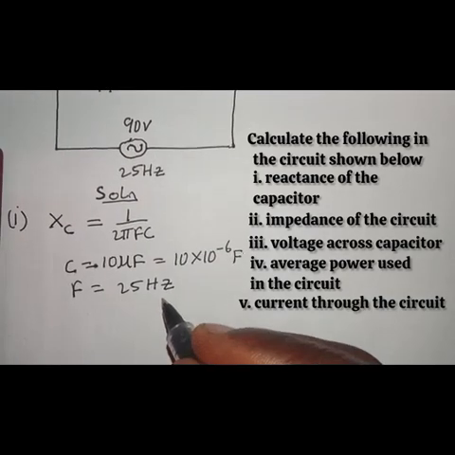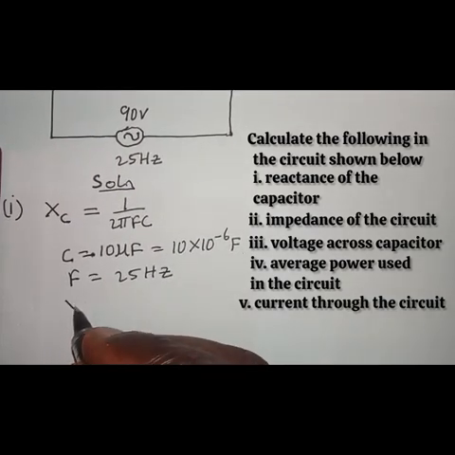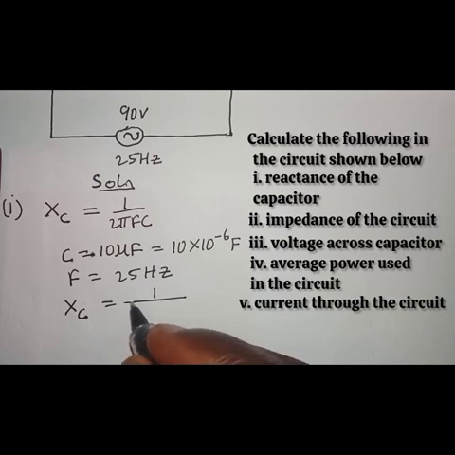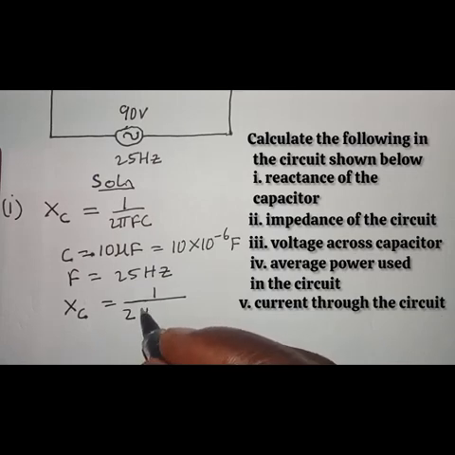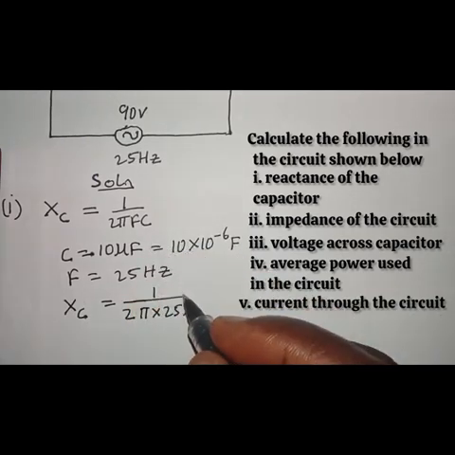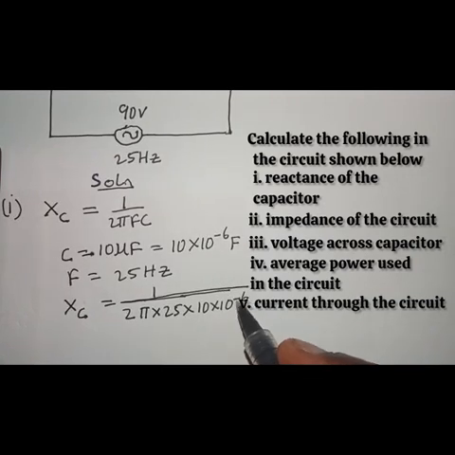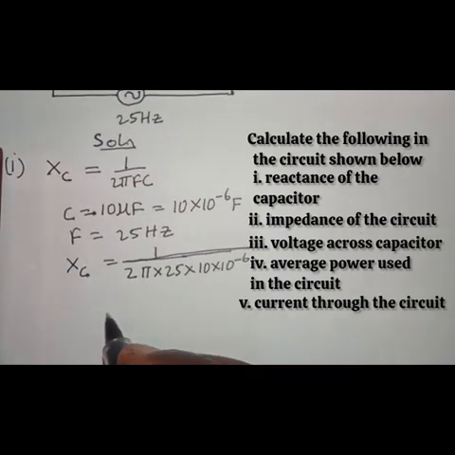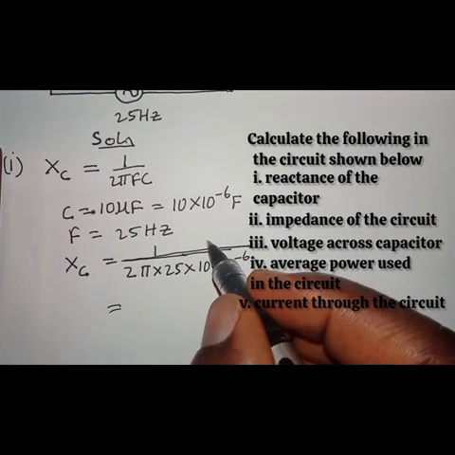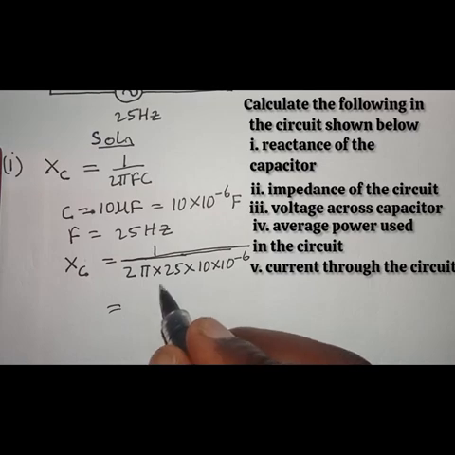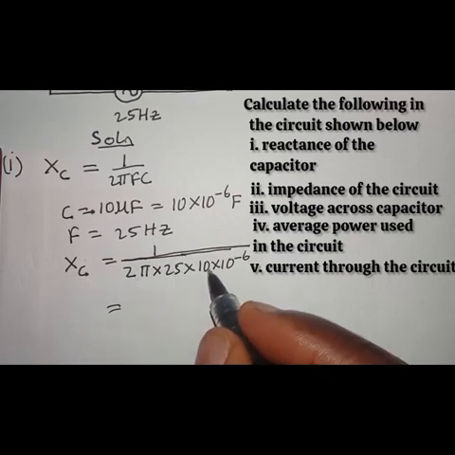So if we put these parameters together, the reactance of the capacitor will be equal to 1 all over 2 pi times frequency, which is 25 Hz, times the capacitance, which is 10 times 10 raised to power minus 6. If we simplify this following the law of indices, this can go up to become 10 raised to power 6. So we have 2 times 25 is 50, times 10 is 500.